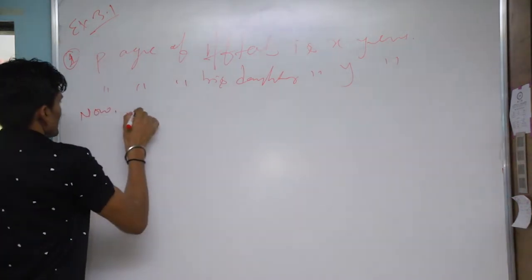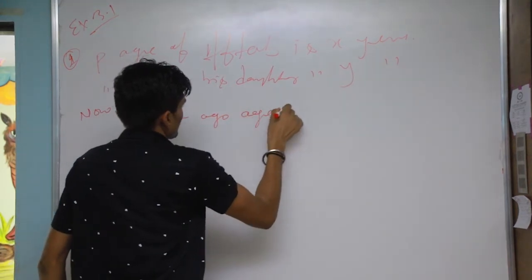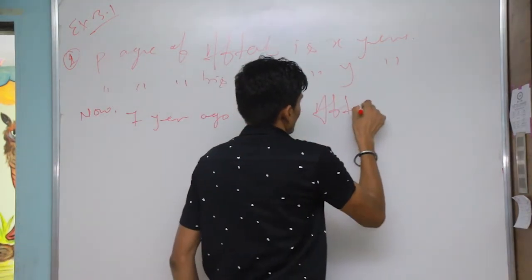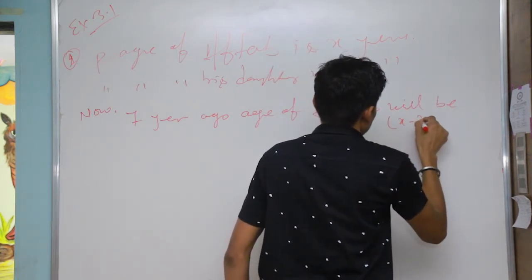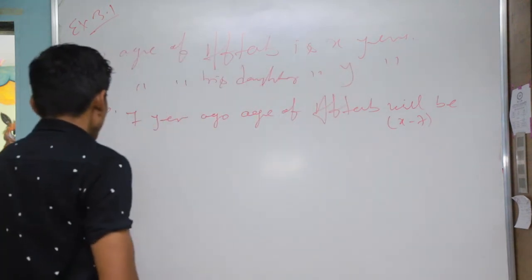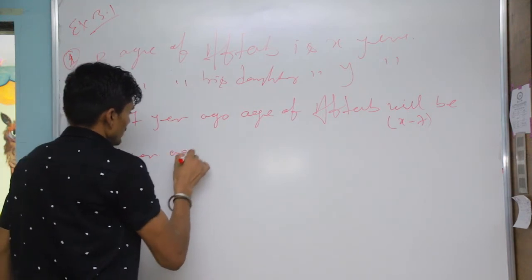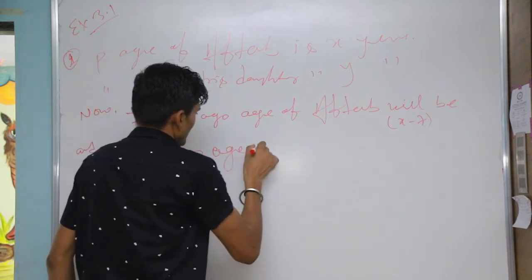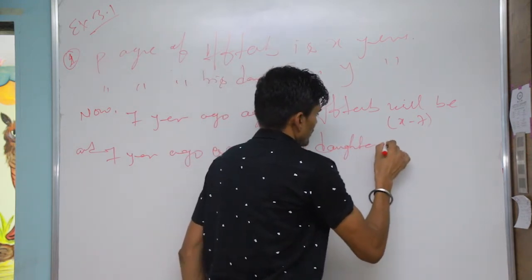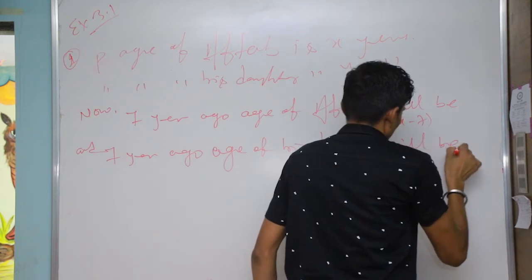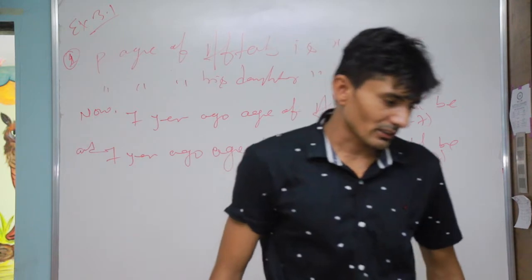Now 7 years ago age of Aftab will be x minus 7, and 7 years ago age of his daughter will be y minus 7. That is the statement.